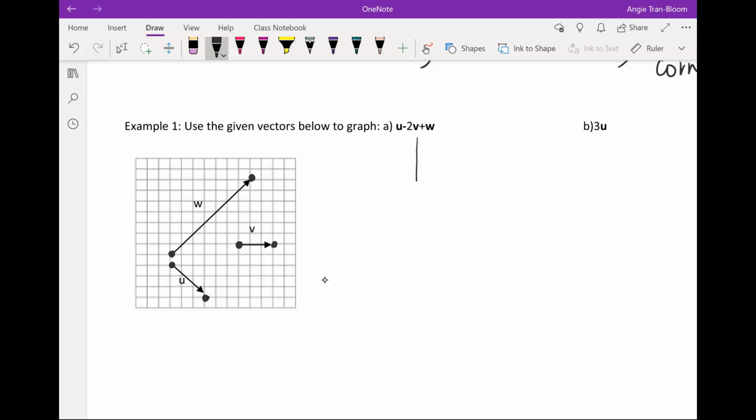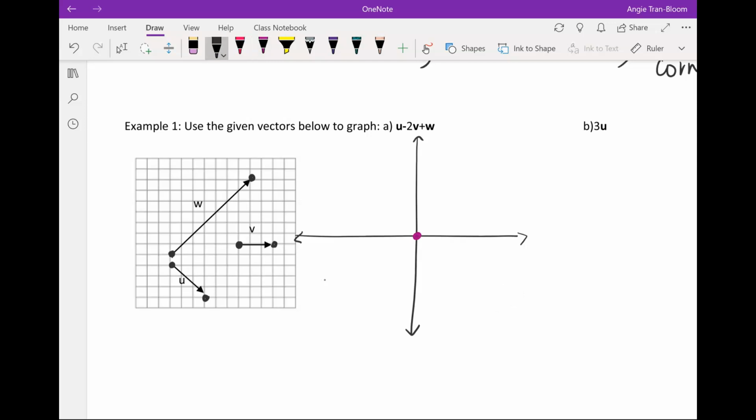Since I did not make a grid for you, we had to make our own grid. Where would you like to start? What's the easiest starting position? Yeah, at the origin. So you're going to start graphing vector u first, and we will start at the origin.